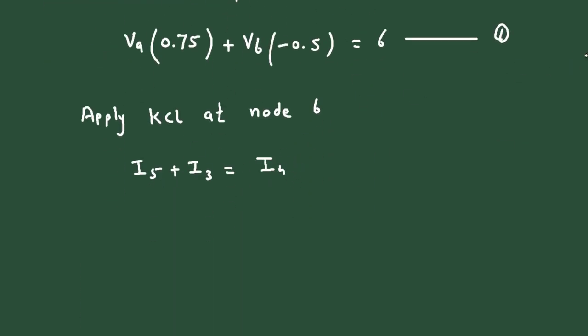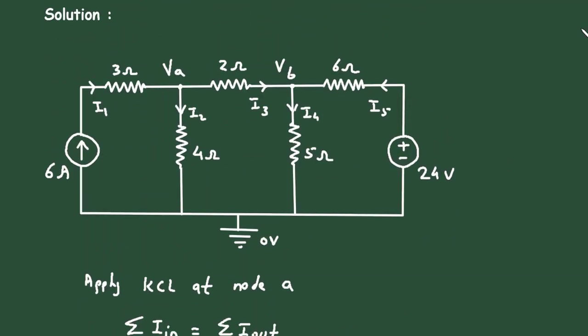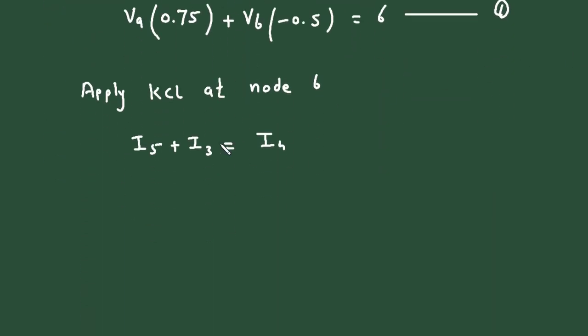Now here the value of I5 is, we can see, I5 is equal to 24 minus VB divided by 6, plus I3.